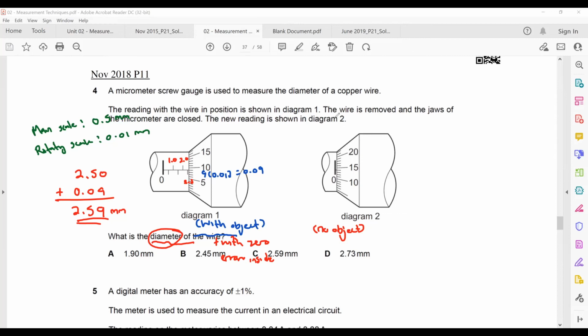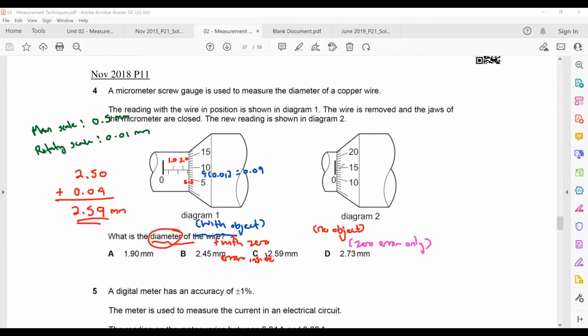Right, so here, this one with no object is the zero error only. This one is with object plus zero error inside, but this one is with zero error only.